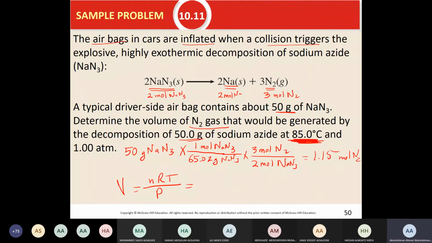No. So you cannot use 22.4. You have to do it this way. What should I write here? 1.15 times 0.0821 times, what is it? Add 273 plus 85. 358.